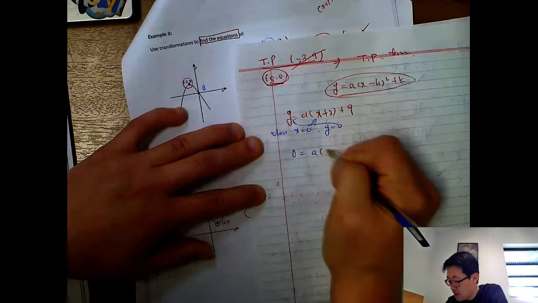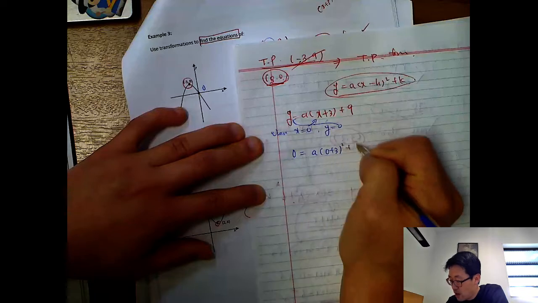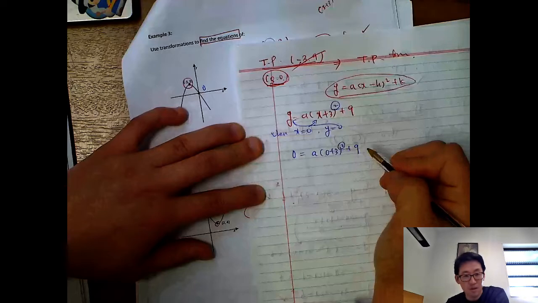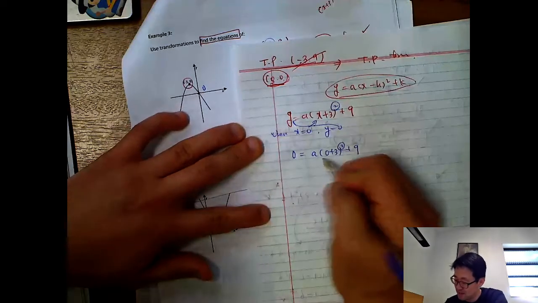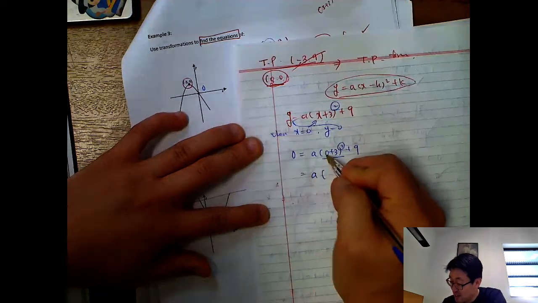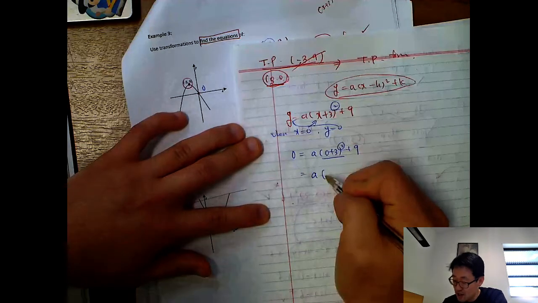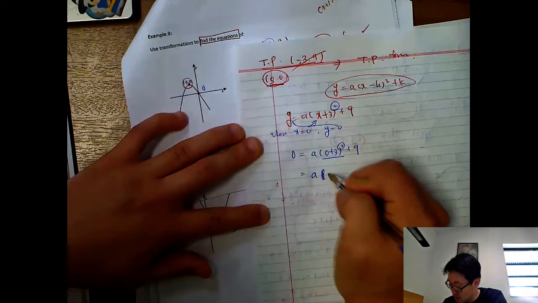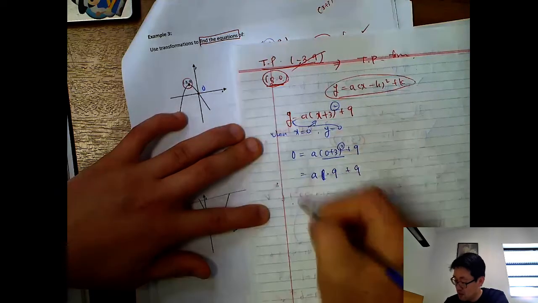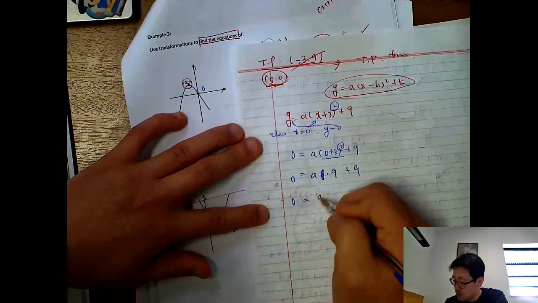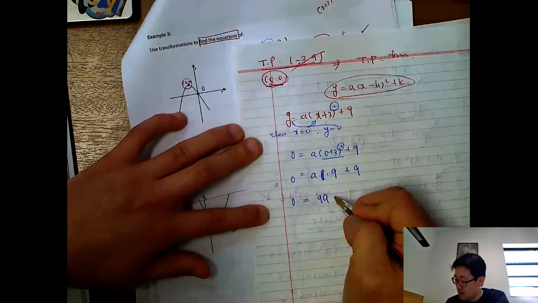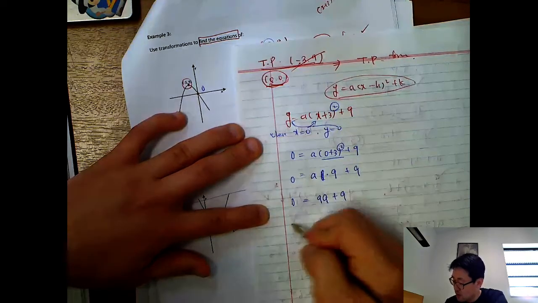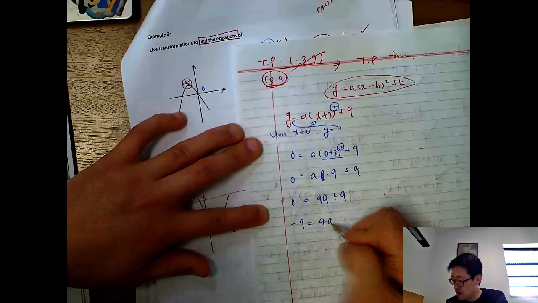0 equals a (0 plus 3) squared. Again, I forgot to write down squared here. Big mistake, Charlie. Okay, so 0 plus 3 is 3. 3 times 3, 9. Just write down 9. 0 is 9 times a plus 9. Minus 9, 9a.